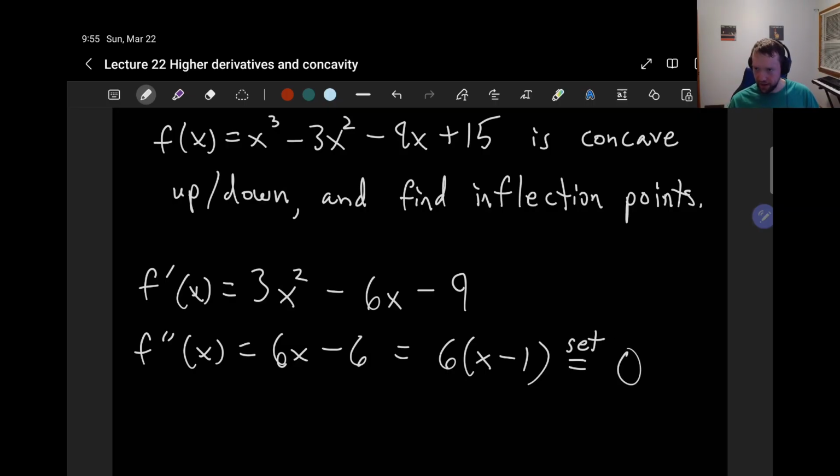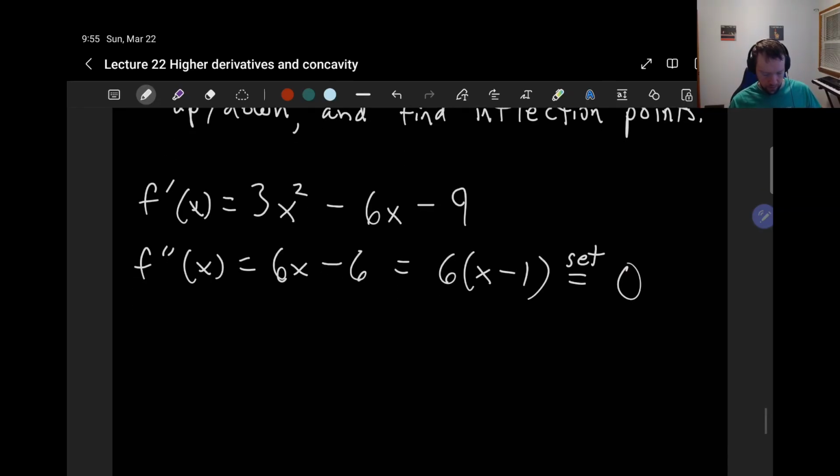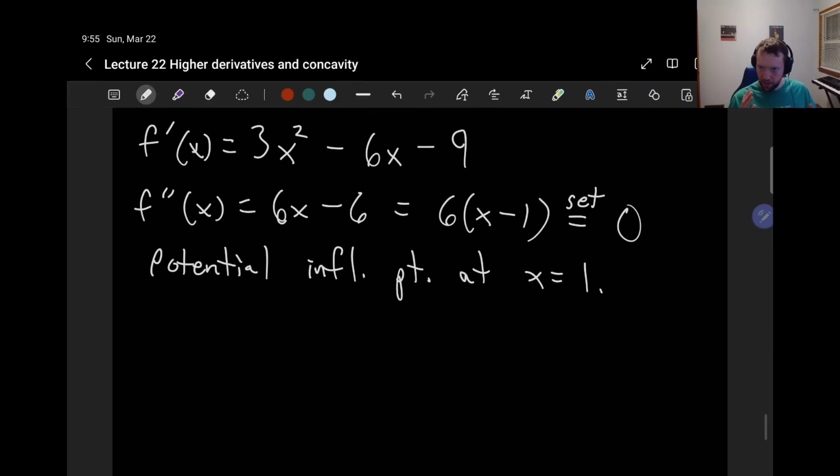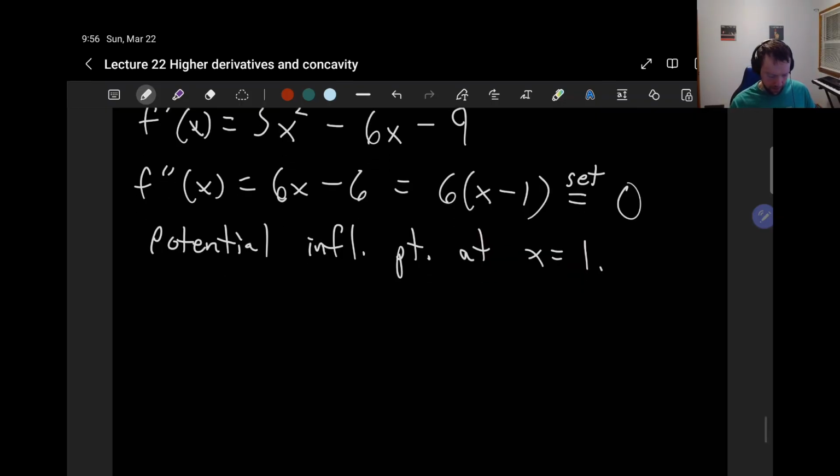So if we're going to find inflection points, it's going to be where this is 0. So maybe I would say that there's a potential inflection point at x equals 1. We need to check. So we need to make sure that the concavity really changes around that point.